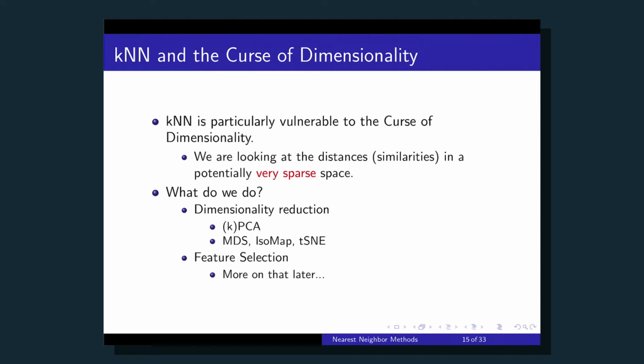But there are other dimensionality reduction methods like multidimensional scaling, a special case of multidimensional scaling called Isomap. I think we already talked about how it works. And t-SNE, stochastic neighbor embedding.